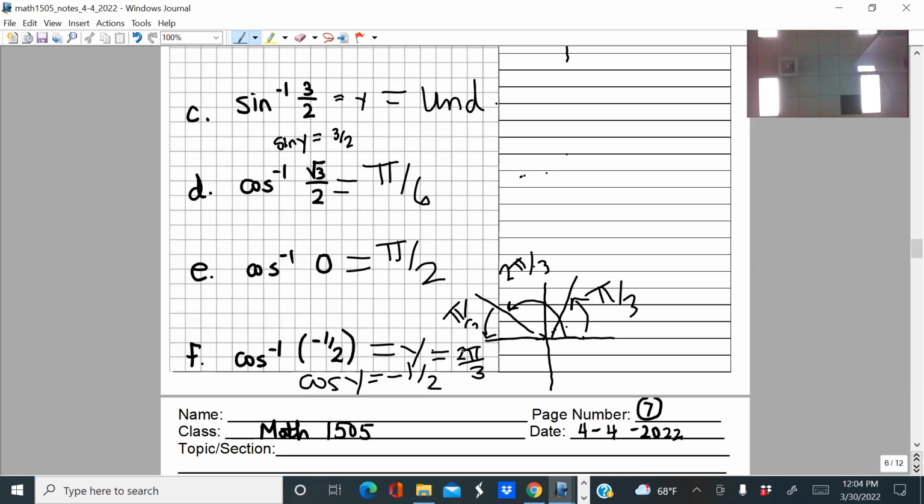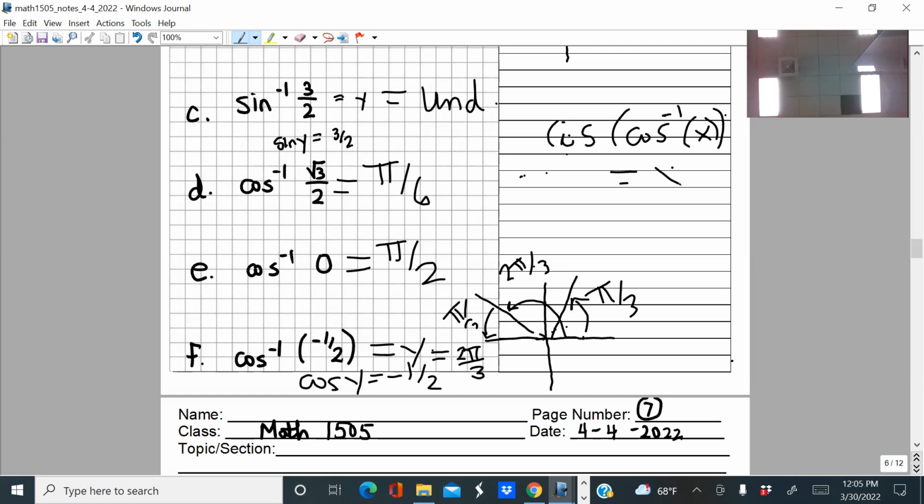Because remember, what happens for all functions, trig or not, when you compose a function with its inverse? You get what? Not one, but like one, Jad.